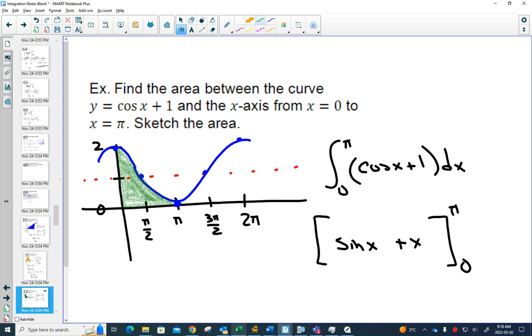Integral of cos is sine. Integral of 1 is x. Plug in your values. So we have sine of pi plus pi minus sine of 0 plus 0.